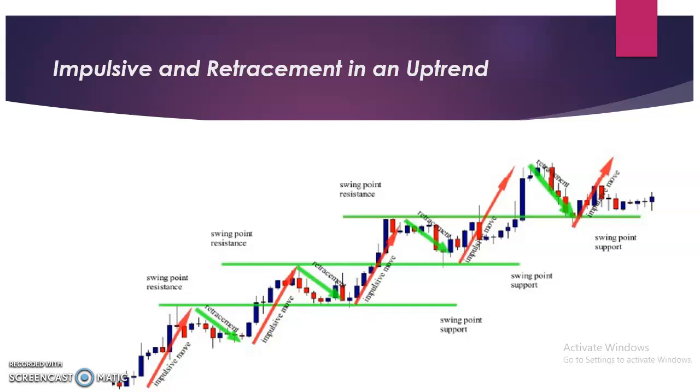There was an impulsive move and there was a corrective move. There was another impulsive move that breaks through the former support. That was for the downtrend, but this is for an uptrend. The uptrend is simply the opposite of the last one.